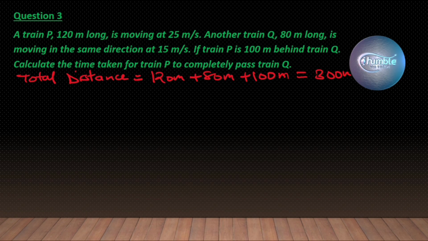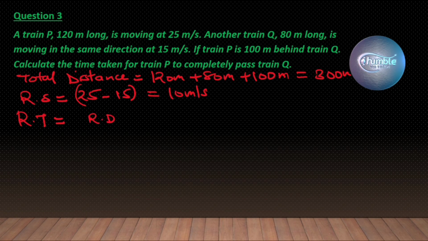Then relative speed is the difference between the two speeds, so that is going to be 25 minus 15 give you 10 meters per second, and therefore relative time, which is the time taken for the two vehicles to completely overtake each other, is going to be relative distance, which is the total distance, over relative speed, and that is going to be 300 meters over 10 meters per second.